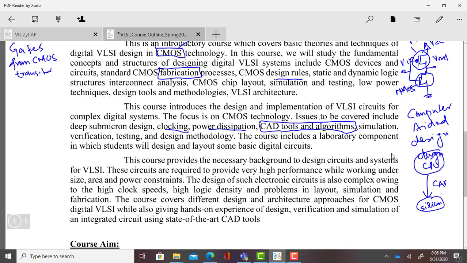All these steps are performed by software, and this software is called CAD tools, and we will study certain CAD tools. All this complexity is handled by these CAD tools.